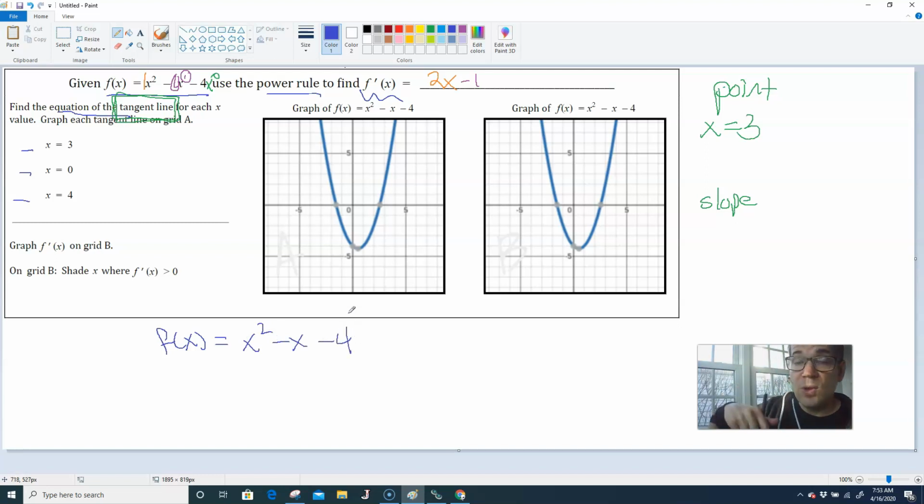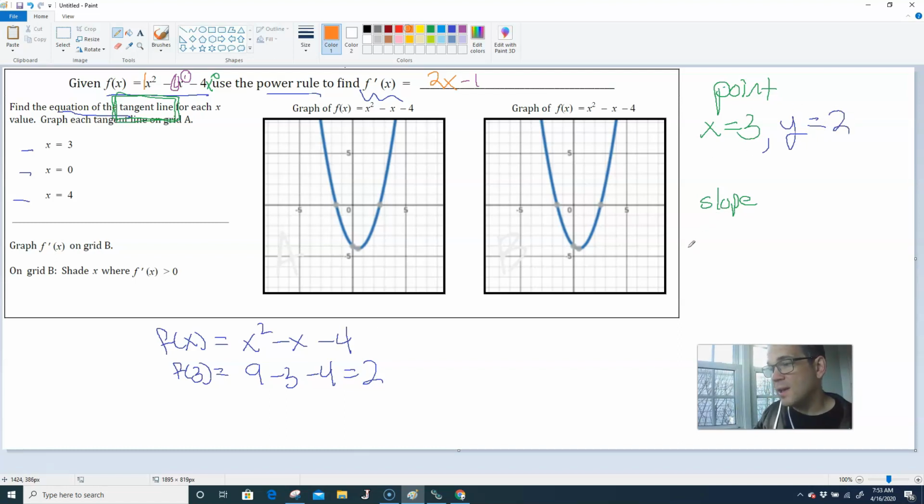If you know the x value and you know the function and you want the y value, all you got to do is plug the x value into the original function. So we're going to take f of 3 to get 9, that's 3 squared, minus 3 minus 4, that equals 2. So if x equals 3, the y value using the original function is 2.